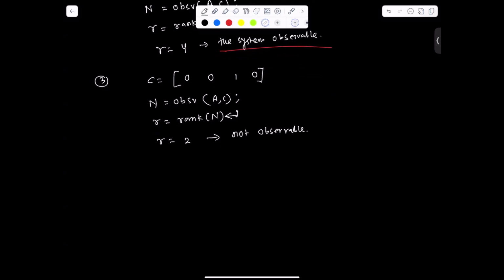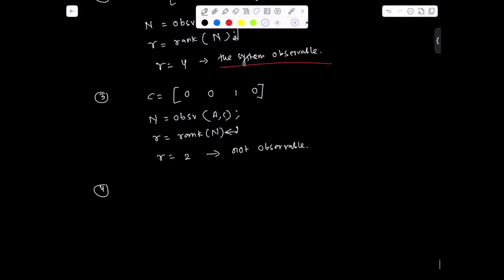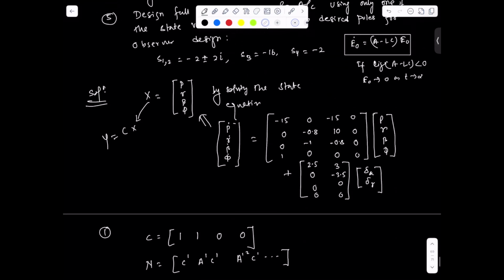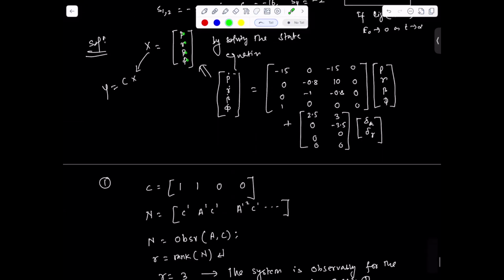Now let's go to question number 4. In question number 4, we are having only beta available in the output equation. So if it is beta, we can form the C matrix 0, 0, 1, 0.